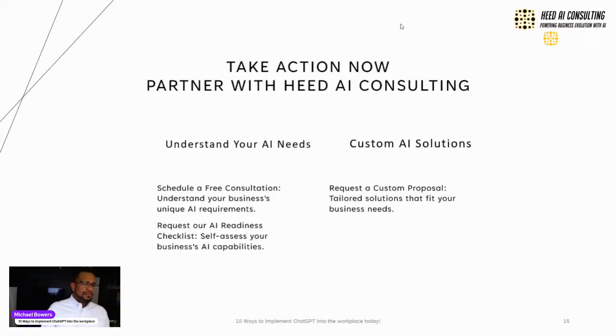So there's that, and then also there's custom AI solutions, which we can get into later. One of the things that we've been doing is building custom chatbots, which can incorporate various APIs. And I want to get into APIs a lot more, but didn't really have time to today.